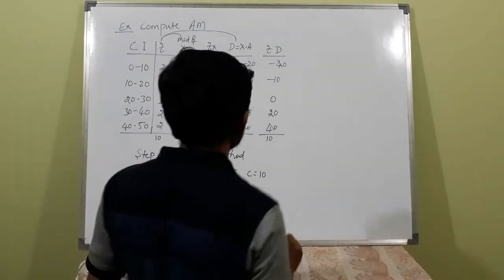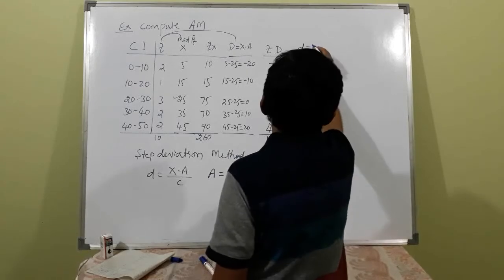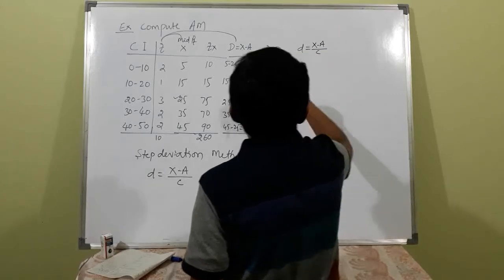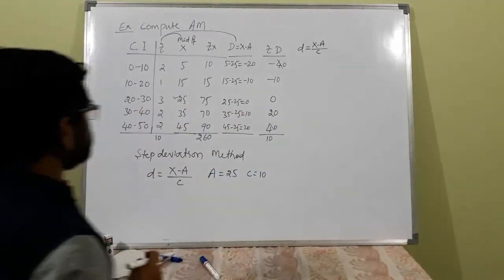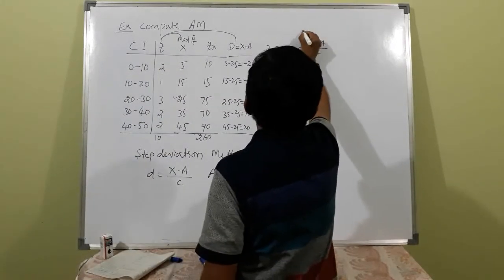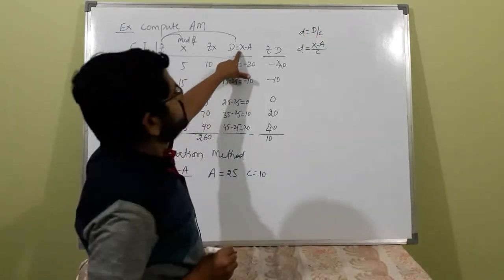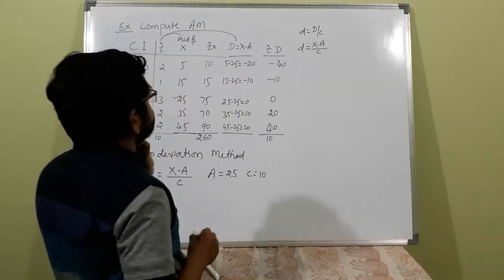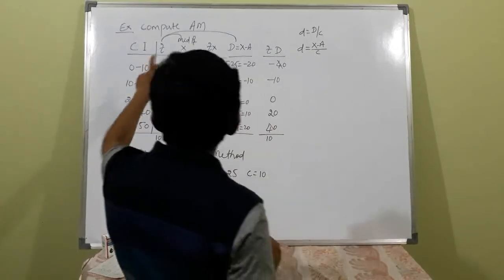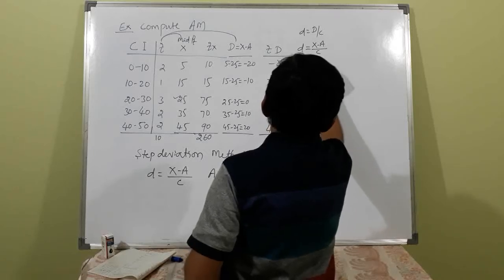So here you have to construct one more column. Step deviation is x minus a divided by c, that is x minus 25 divided by c. So d is, or simply this is d divided by c. D is x minus a already. Okay, d is minus 20 divided by c is 10, minus 20 by 10 is equal to minus 2.